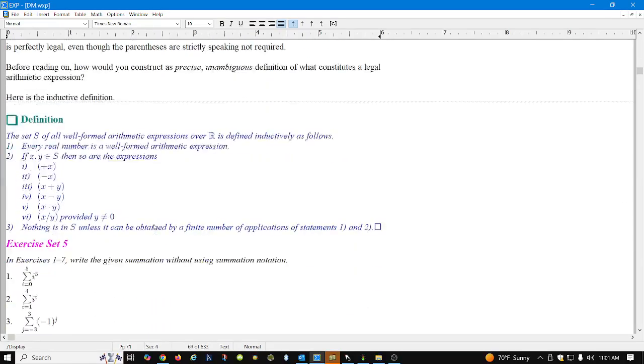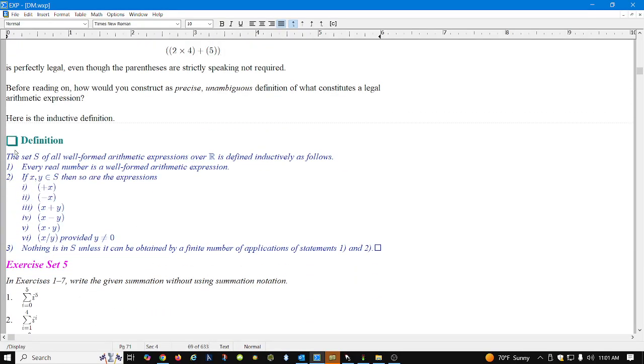And here's the inductive definition. The set S of all well-formed arithmetic expressions over the reals is defined as follows. This is the basis clause. Every real number is a well-formed arithmetic expression. The inductive clause: if x and y are well-formed arithmetic expressions, then so are all of these.